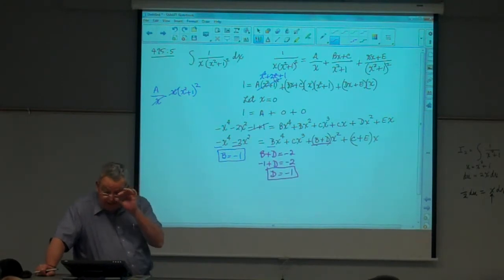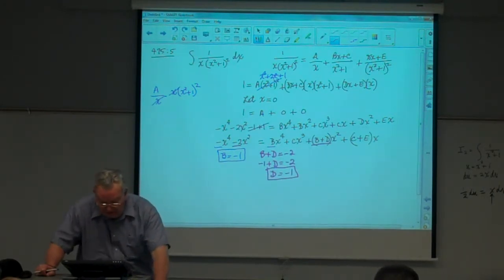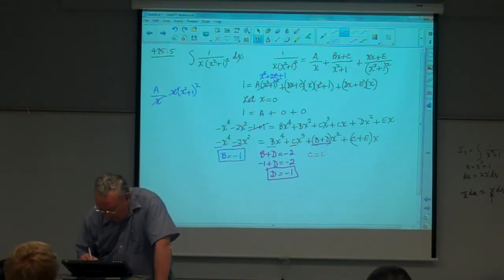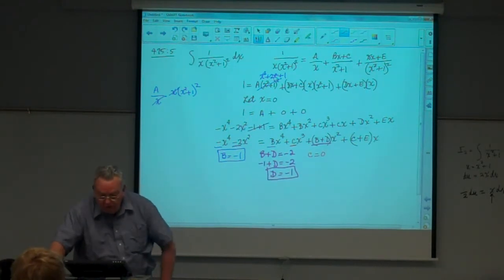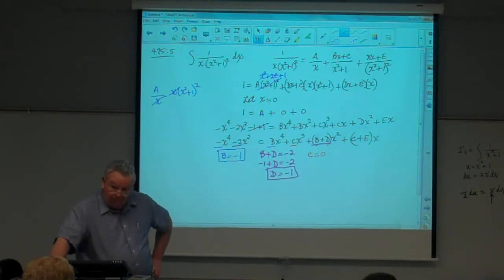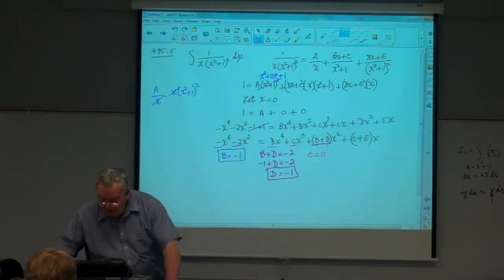Now we're cooking. Okay? I also know that C is equal to 0. No questions asked. Why? Because there's no x cubed term, right? Agreed? Okay?